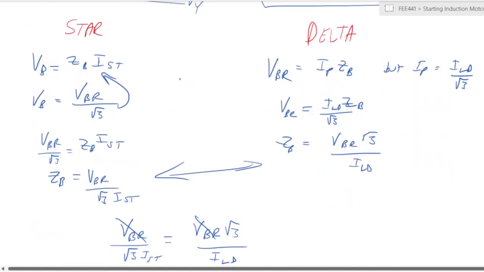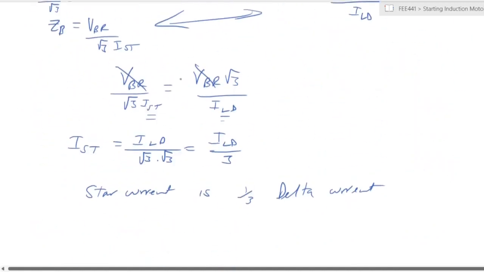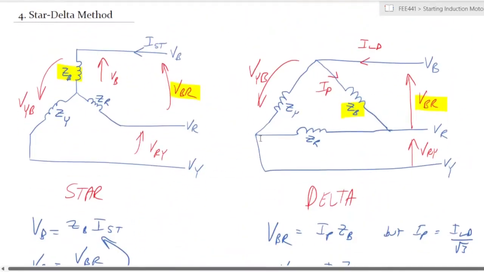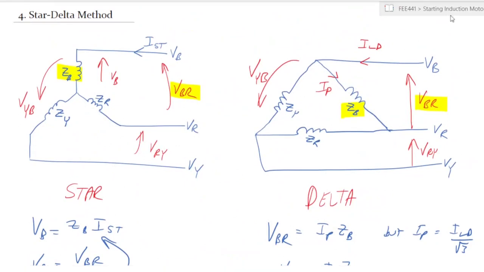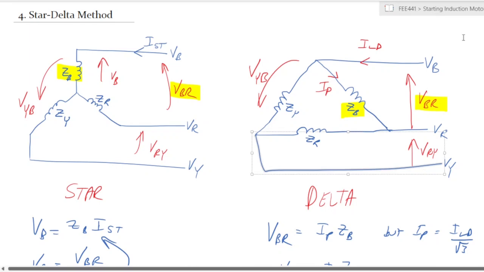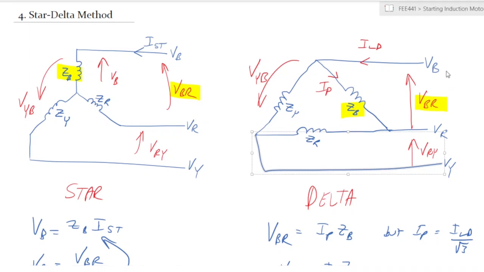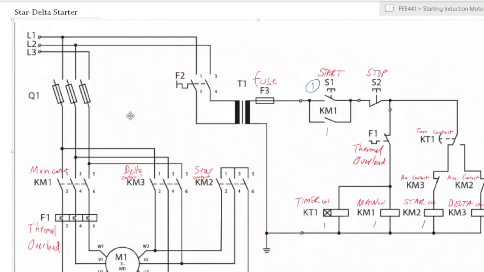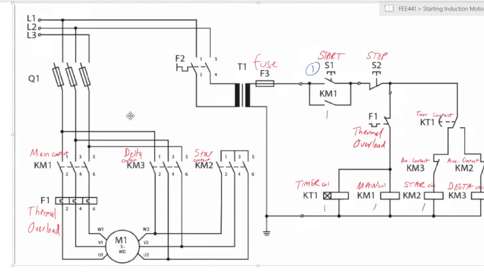So now let's look at how the starter would be implemented practically in a real world situation. This is the circuit for a star delta starter, right? When you are practically implementing a star delta starter, this is the configuration you would have.